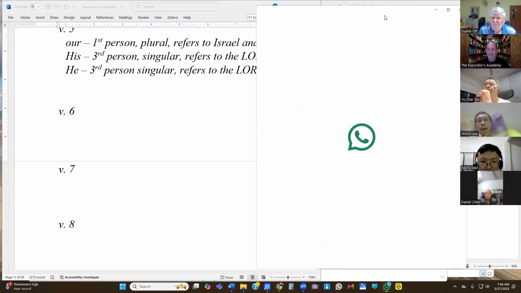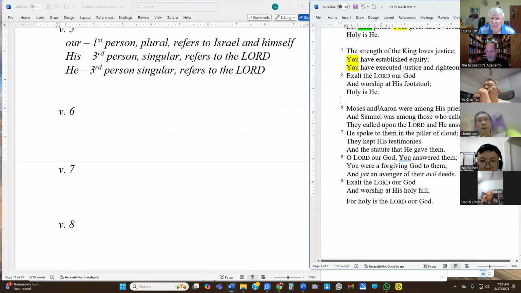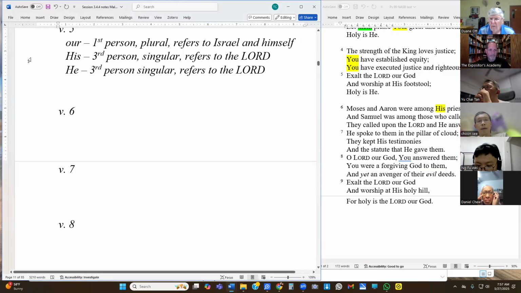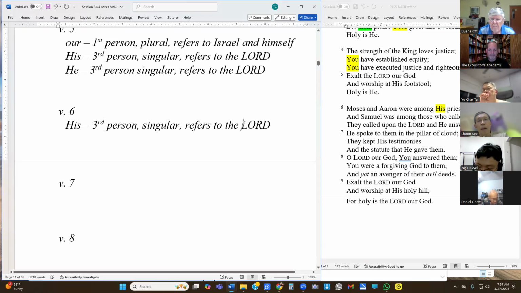Yes. Verse 6, pronoun. The first line, the pronoun is "his priest." His is third person singular. It refers to the Lord.